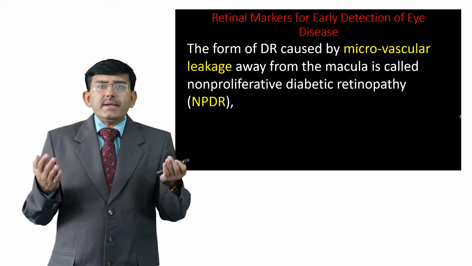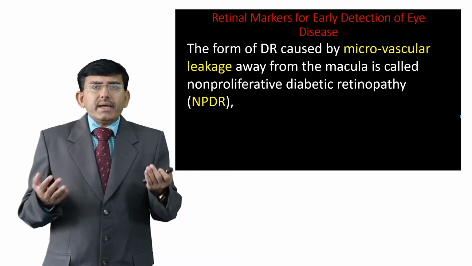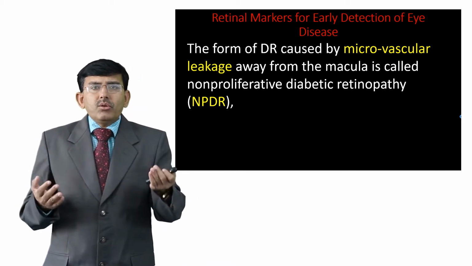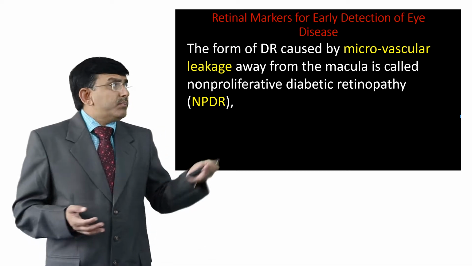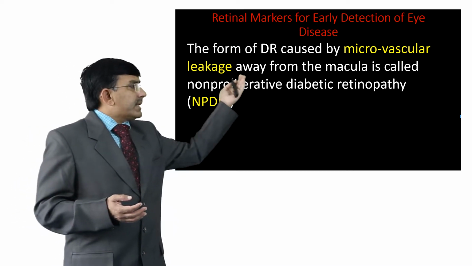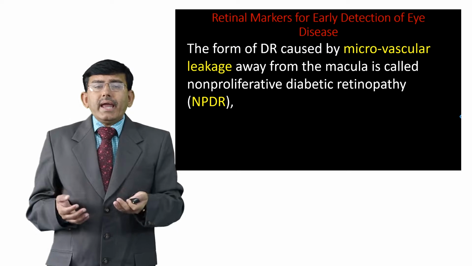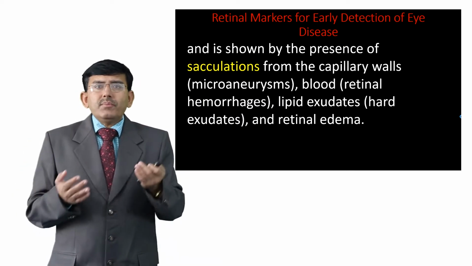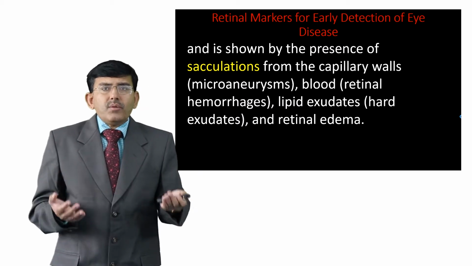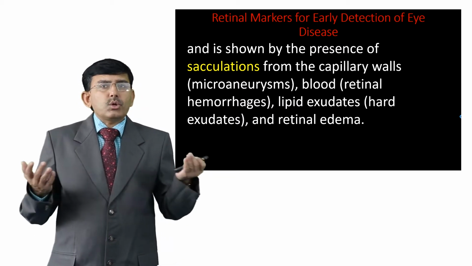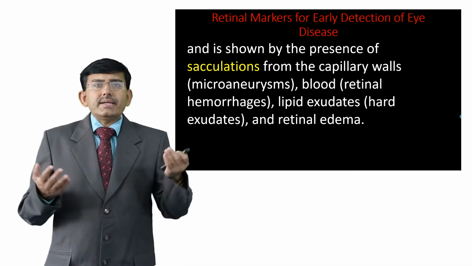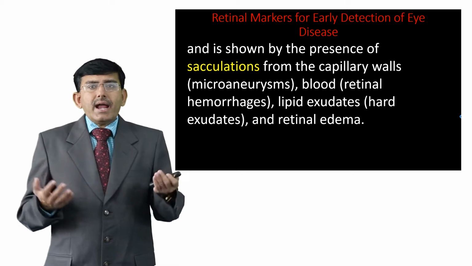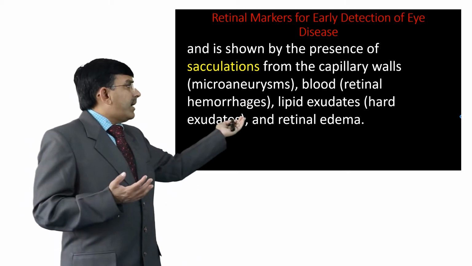The form of diabetic retinopathy caused by microvascular leakage away from the macula is called non-proliferative diabetic retinopathy or NPDR, and is shown by the presence of sacculation of the capillary walls, microaneurysms, retinal hemorrhages, lipid exudates, hard exudates and retinal edema.